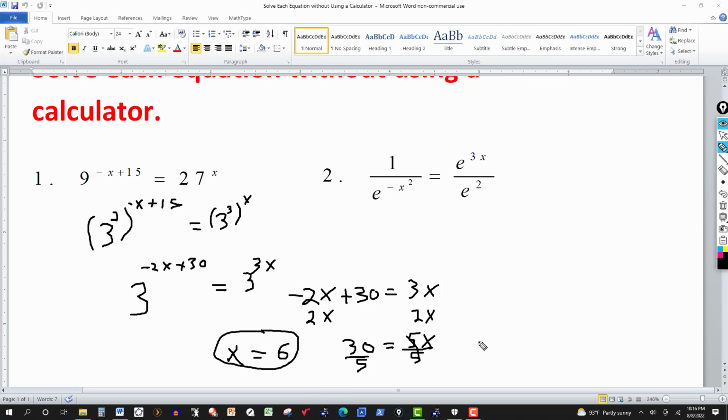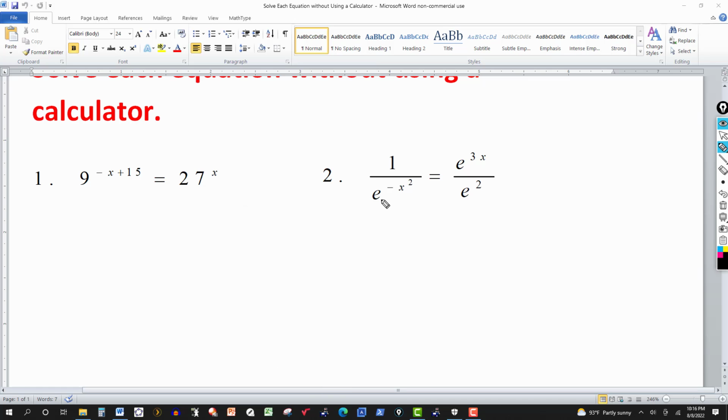That one checks. This one here has 1 over e to the minus x squared equal to e to the 3x over e squared. So let's rewrite this using properties of negative exponents. 1 over e to the negative x squared becomes e to the positive x squared. This goes up, changes the sign.